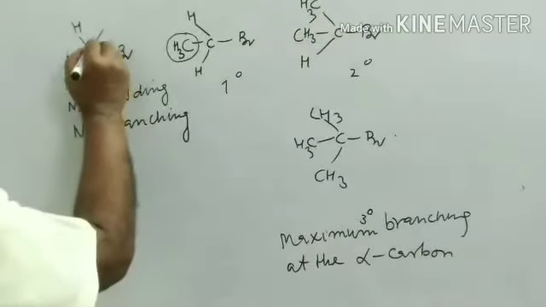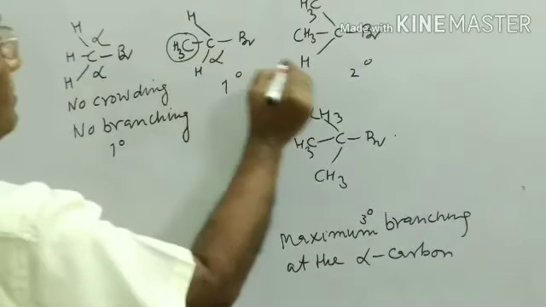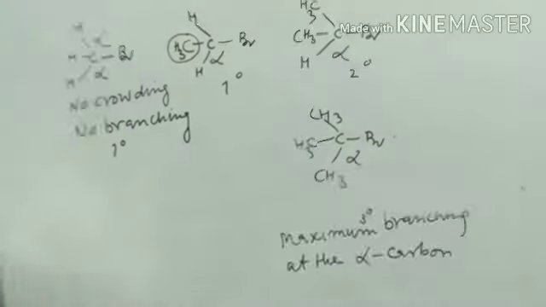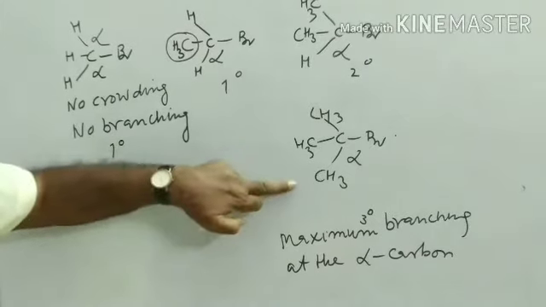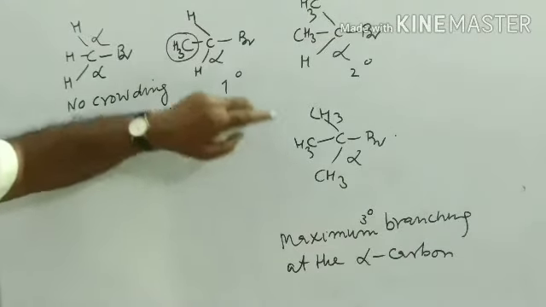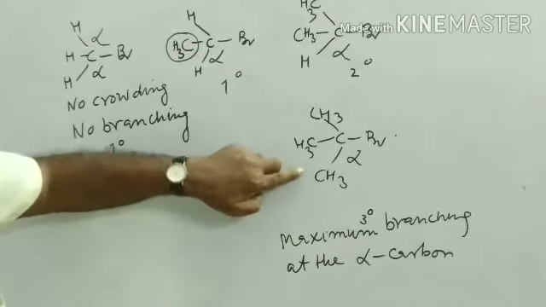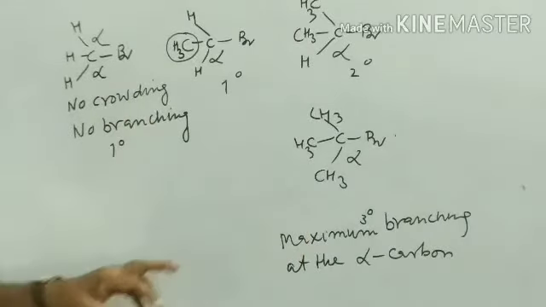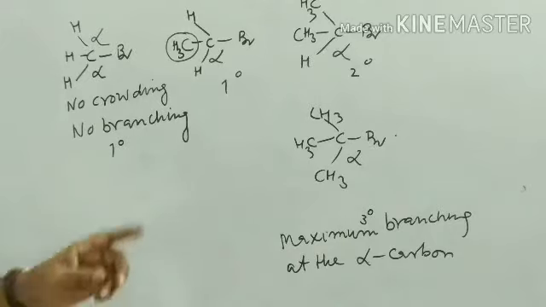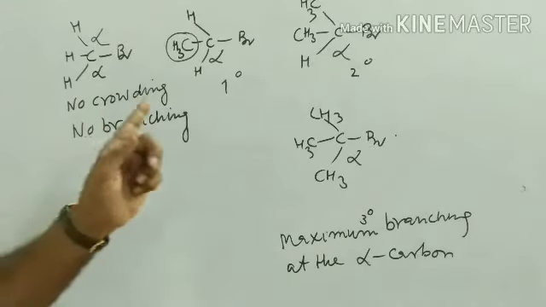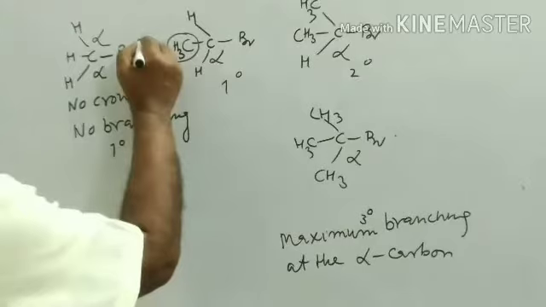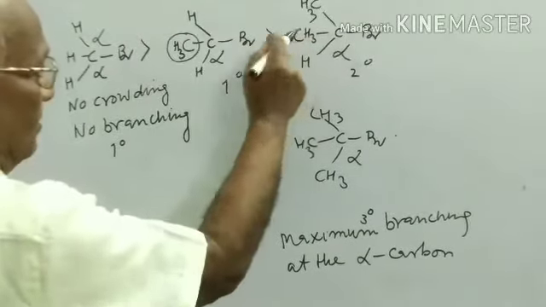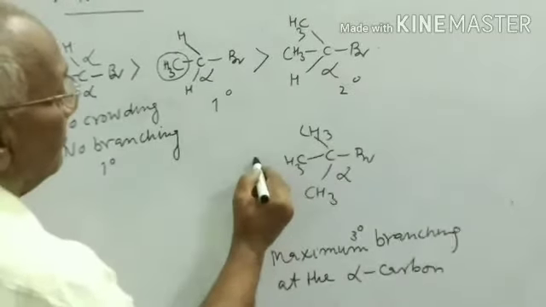This is alpha carbon, this is alpha carbon, this is alpha carbon and this is the alpha carbon. The more is the branching, more is the crowding, reactivity is least. So where there is least crowding, there is more reactivity. So this is more reactive than this one, which is more reactive than this one, and this one is more reactive than this one.